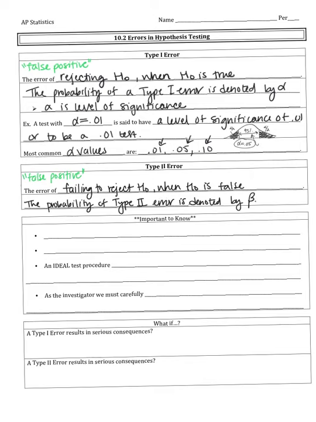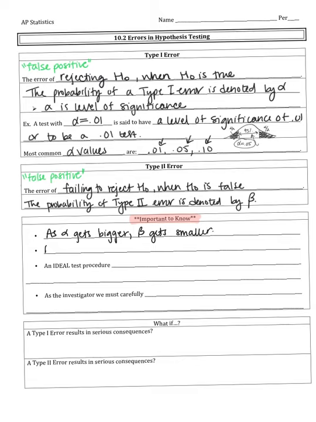Later on in this unit, we're going to talk about the relationship between alpha and beta more specifically. But for now, these are important things for you to know about how type 1 and type 2 error relate to each other when we're running a test. As alpha gets bigger, beta gets smaller.